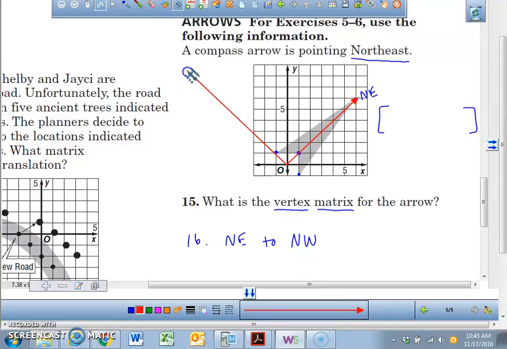So we want it going this direction. So basically, how have I turned? How many degrees? 90 degrees, which direction? Counterclockwise. Very good. We went 90 degrees counterclockwise.